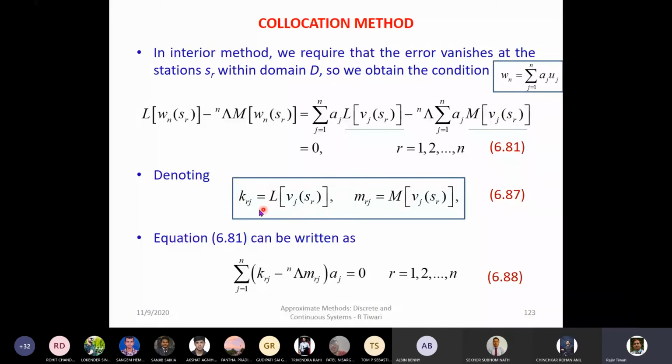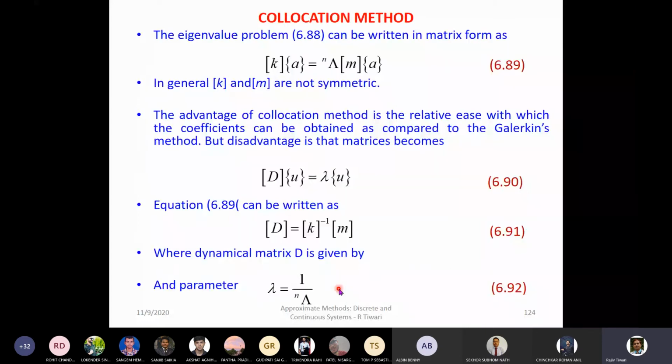Once we use KRJ and MRJ, this can be written in this form, which is familiar to us. These are simultaneous equations, which can be written in matrix form like this.